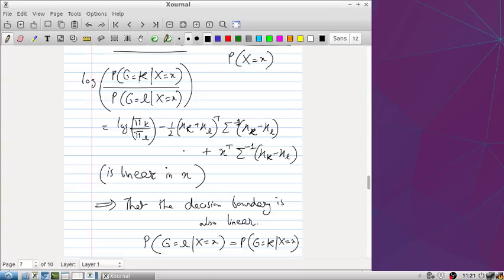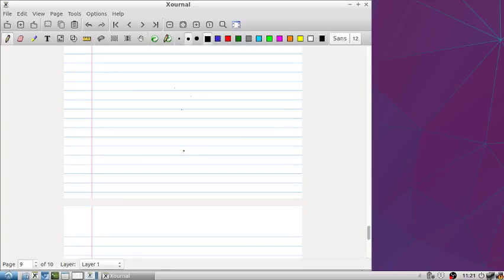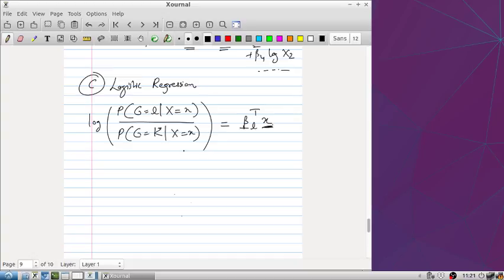Now, logistic regression is saying, okay, since you are anyway assuming that, let me forget about normality and all that. Let me directly assume that the ratio of the conditional probability distributions is linear. Okay, that's the assumption in logistic regression.